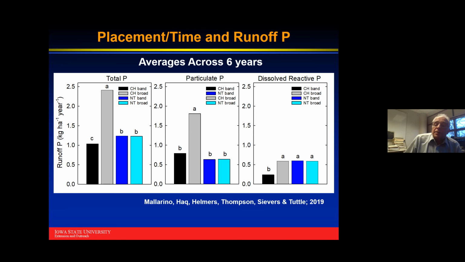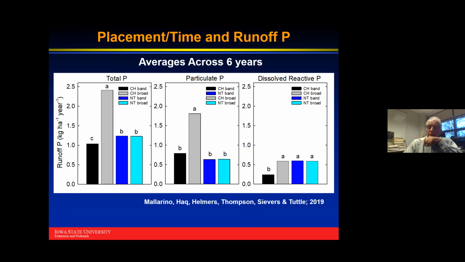We are having a tough time trying to explain this, which probably is due to the runoff volume in different years, and the fact that we were confounding timing with application placement.